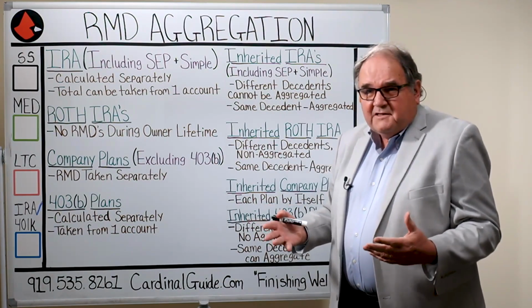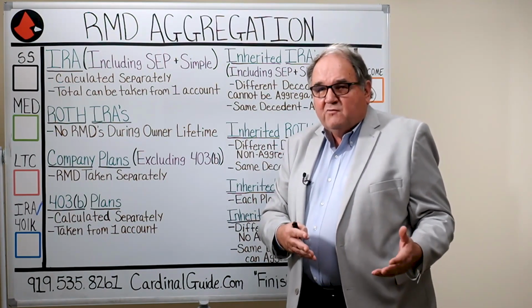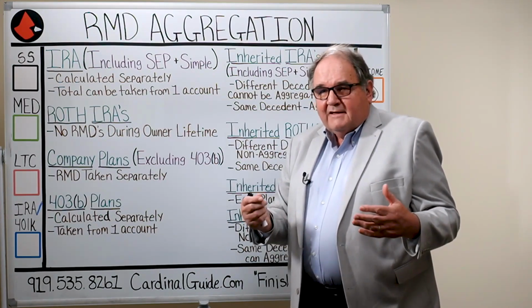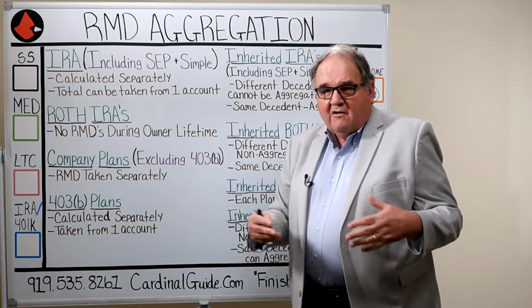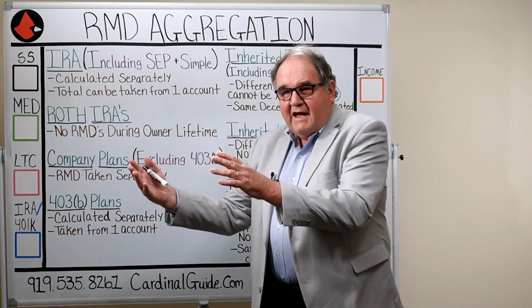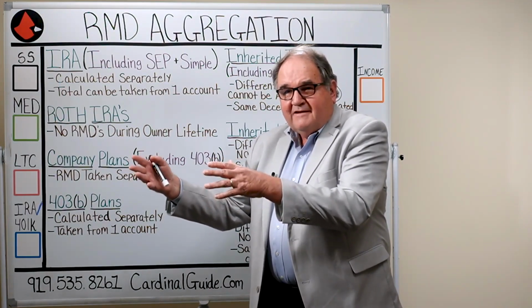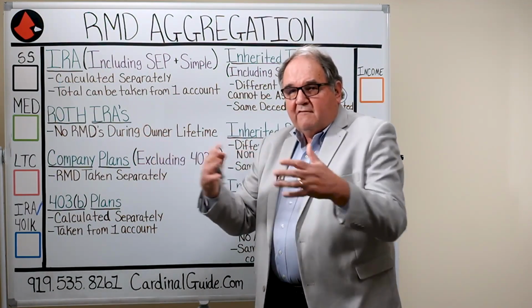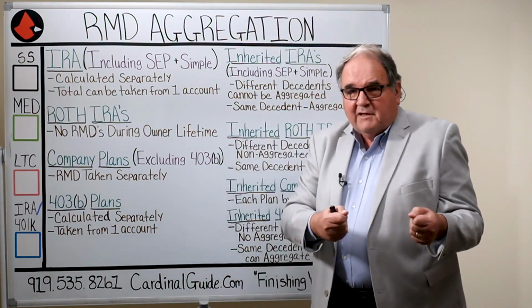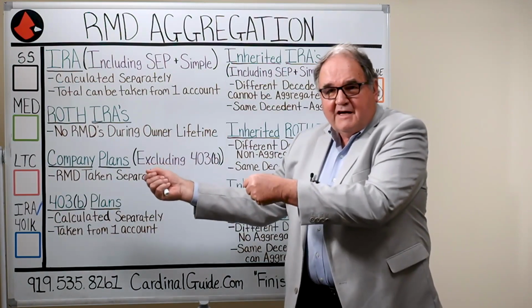And this matters to some people because they might have cash in one account, or they might have time deposits, or maybe they have stock that they want to sell, or they just sold. And then this other account, they may have something that they want to keep, that they see future growth. So you could have multiple reasons to want to pull money out of one account as opposed to others.